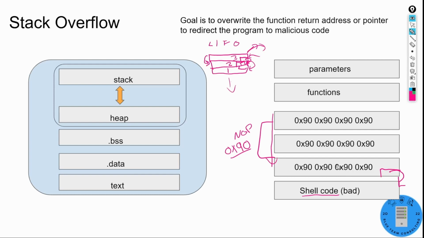So again, we're working within the stack portion only here of memory. This is our free space, and if we're filling just the stack free space with a bunch of no-op sleds, and then until the end where we have our malicious code, we can alter this and take advantage of the stack to then execute arbitrary code or whatever we're trying to do. And it's doing that by overwriting the return address or pointer to redirect the program to the code.